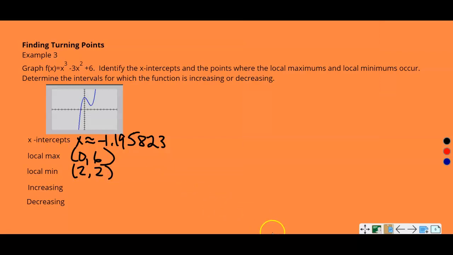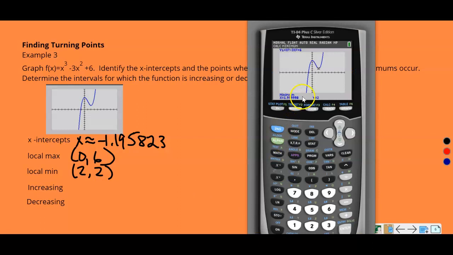And then we need to know where it is increasing and decreasing. So we can tell it's going up here, so it's increasing, it's decreasing, and increasing. So we're going to define this based on the domain. So it's going from negative infinity to 0.